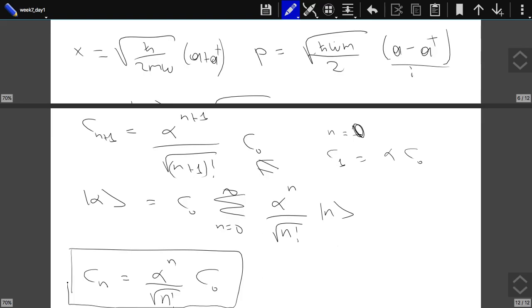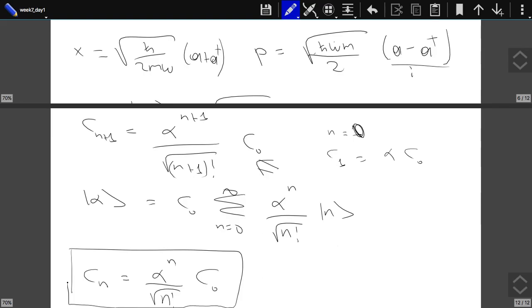You see, these kets are not discrete, they are continuous. Whatever the value, there is a ket called alpha. So that is basically what we have proven. There is no restriction on the values of alpha, of the eigenvalues.